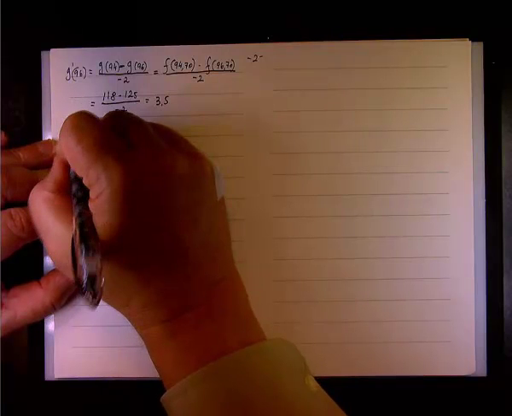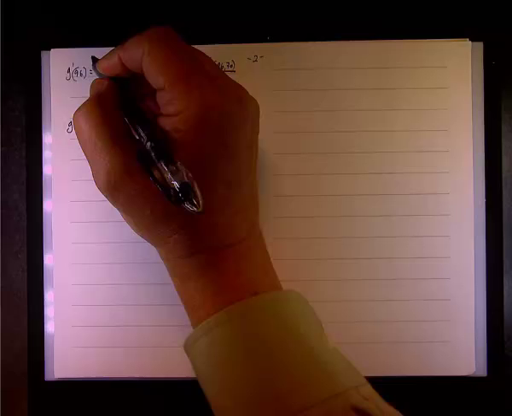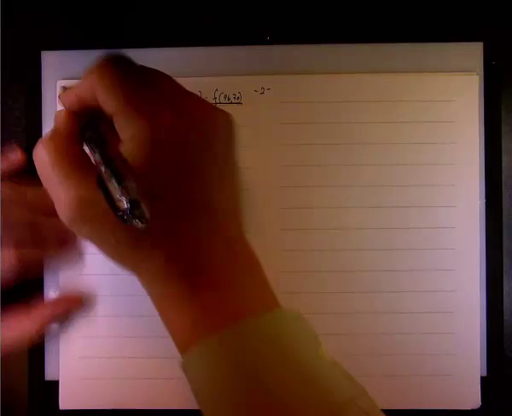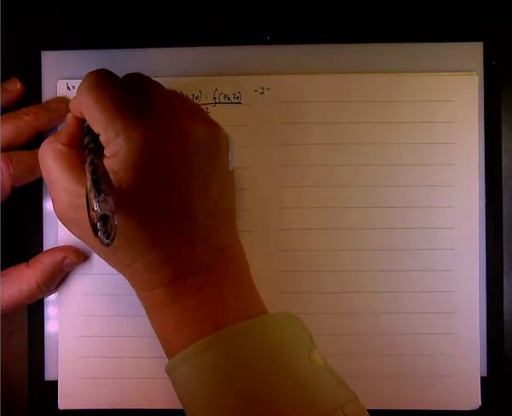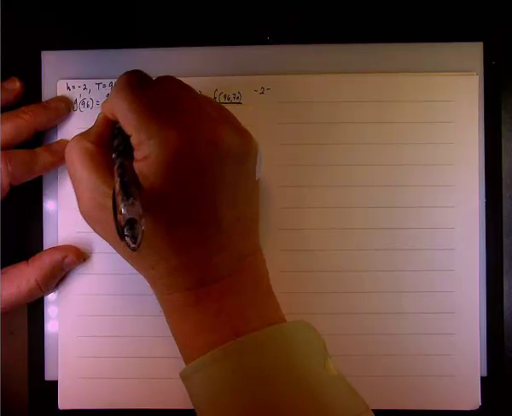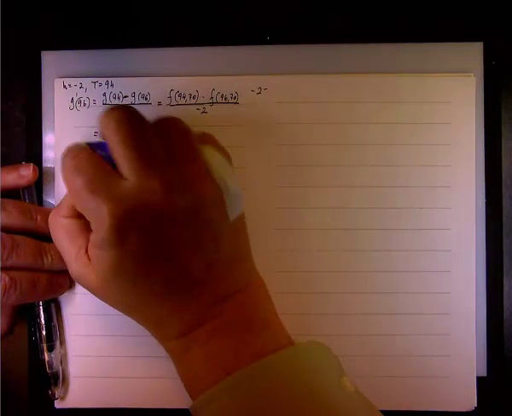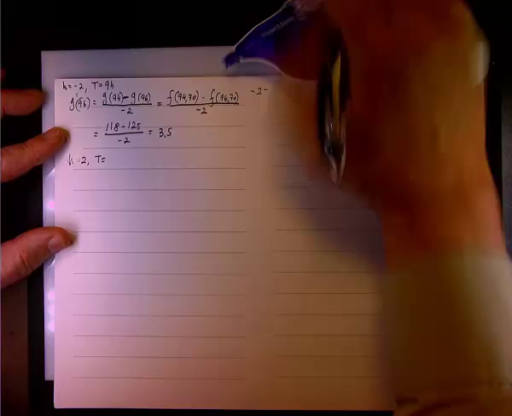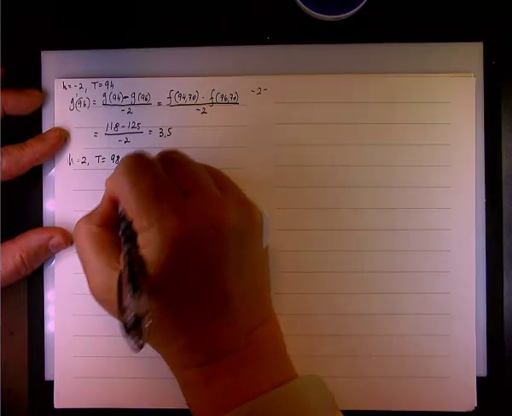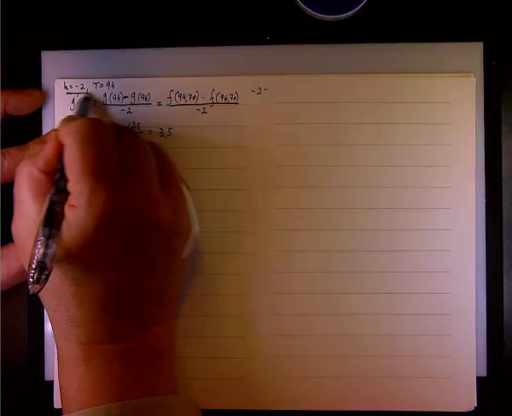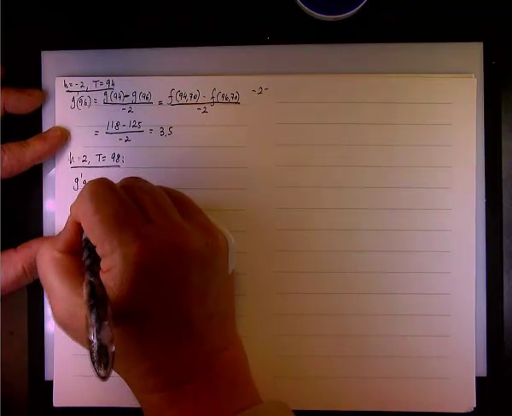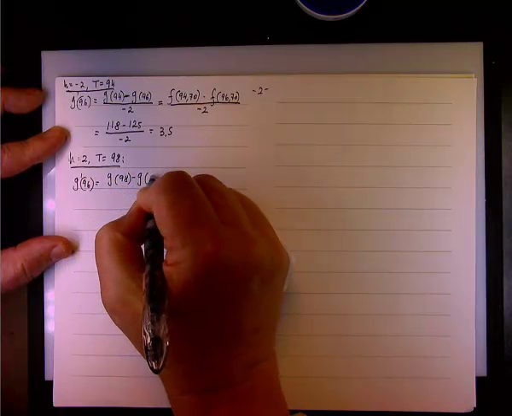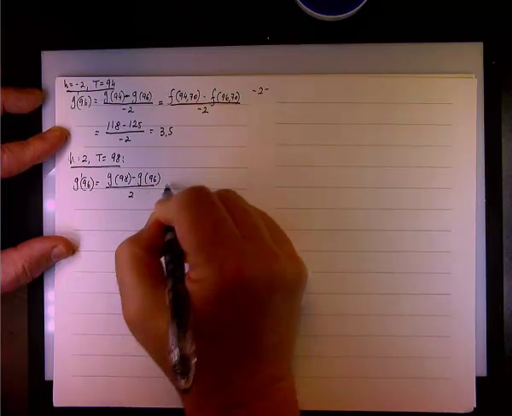Let's look at what happens if we approximate the same thing, but this time, let's calculate for h equals +2. So this was for h equals -2 and t equals 94. Now we'll do the same thing for h equals +2 and t equals 98.